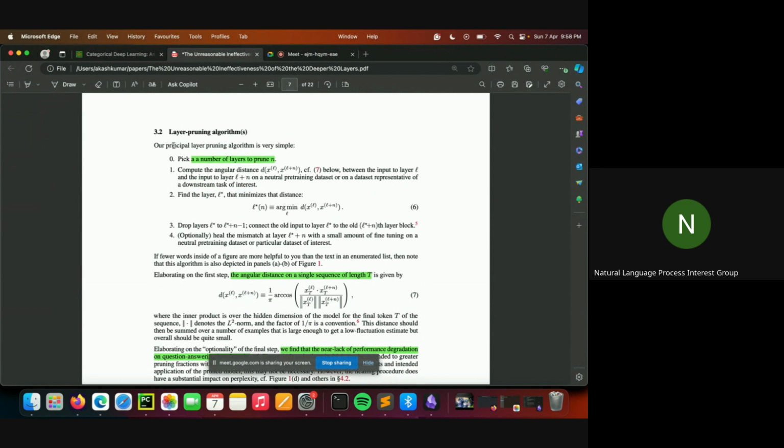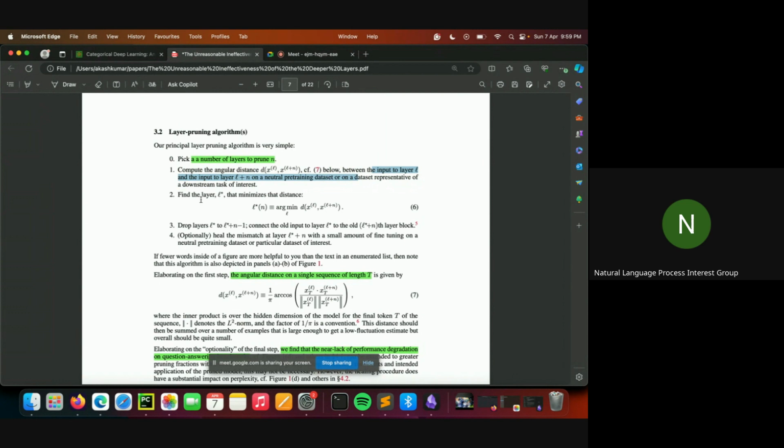Their algorithm for pruning is very simple. Basically, they pick a number of layers that they want to remove, so it is sort of like a hyperparameter. They will decide we have to remove two layers, and then they will calculate the angular distance between the input to the layer L and the input to the layer L plus n on a neural pre-training data set.